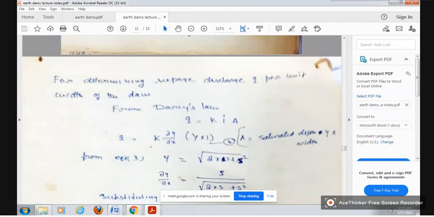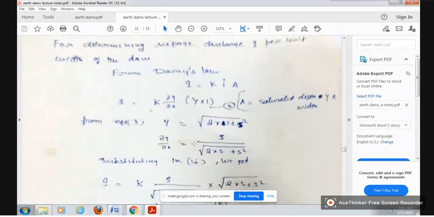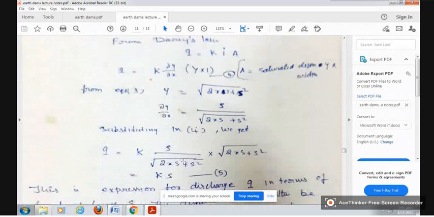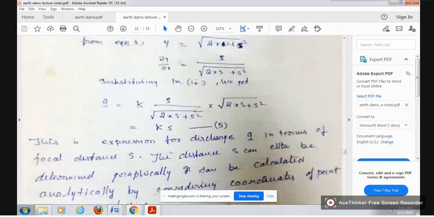The saturated cross-section depth is Y, and 1 is the unit width. We know the equation for the parabola, y square is equal to 2xs plus s square, or y is equal to square root of 2xs plus s square. So dy by dx is equal to s by square root of 2xs plus s square. Substitute this here, and this gets cancelled, so Q is equal to KS. The discharge is equal to the coefficient of permeability into the focal distance.